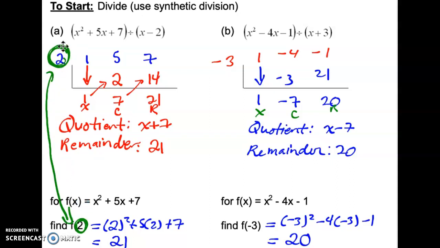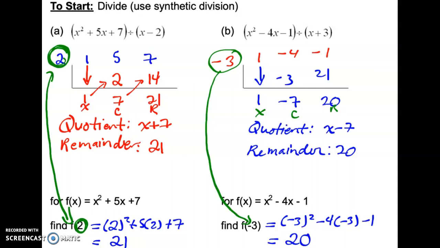So in other words, when we took that number and we plugged it into our dividend, it actually spit out the remainder. Okay, same thing here. When we took our negative 3 and we plugged it in to the dividend, we got back the remainder. So this is a way that allows us to figure out what the remainder is without having to do the division. Okay, and sometimes we just care about what the remainder is, or even if there is a remainder.